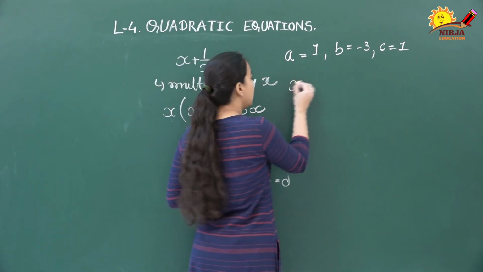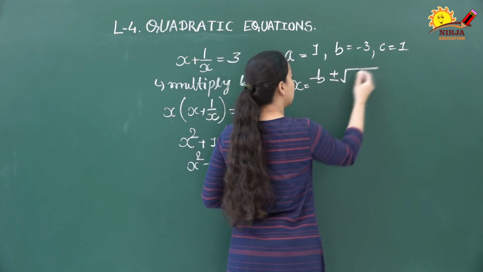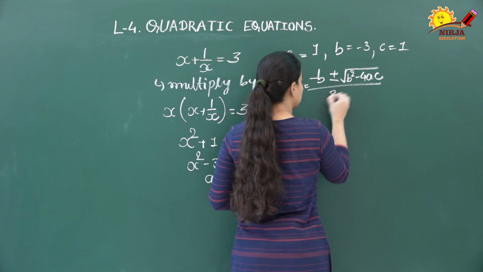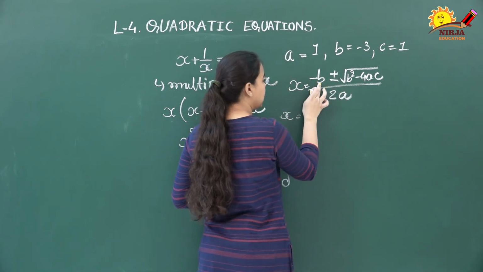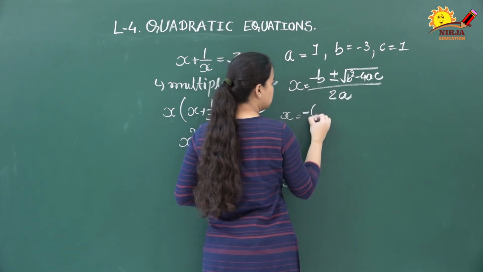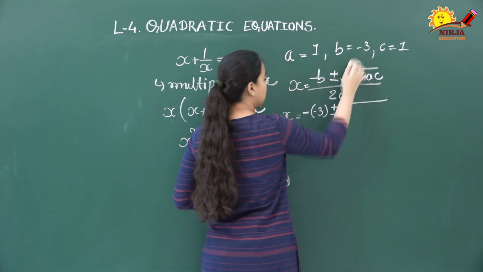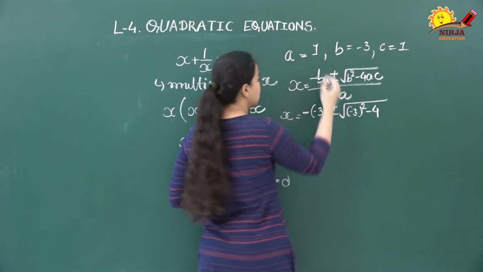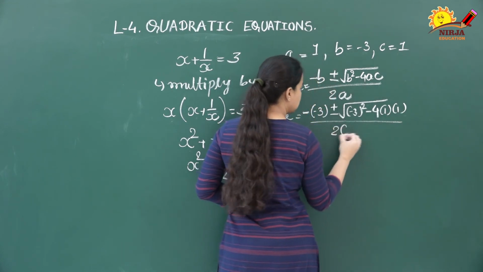We all know x is equal to minus b plus or minus under root b square minus 4ac upon 2a. Let's put the values in this. x is equal to minus b, that is minus of minus 3, plus or minus under root b square, minus 3 square, minus 4ac, that means 1 and 1, upon 2a, a is equal to 1.